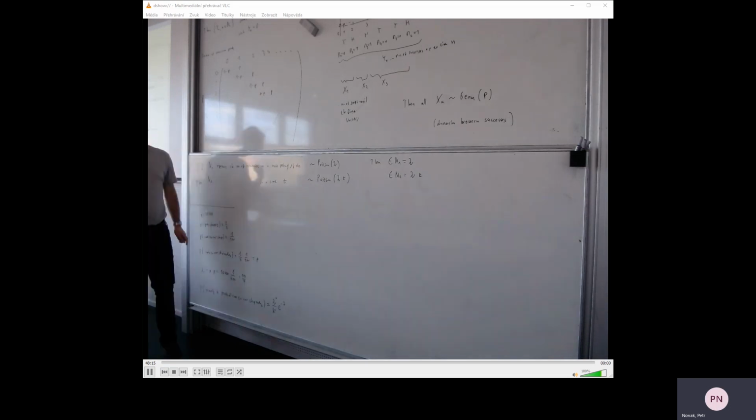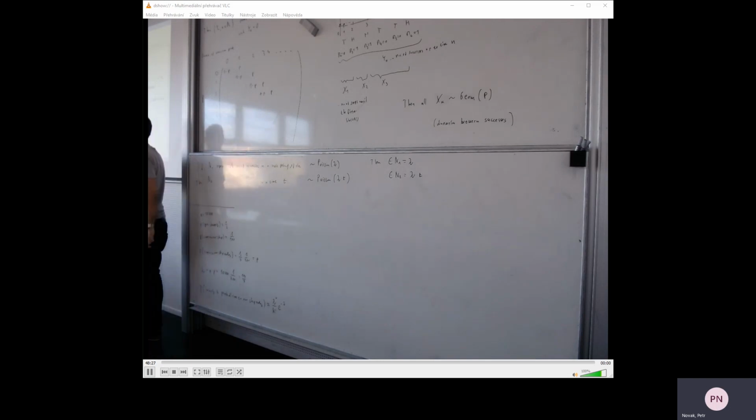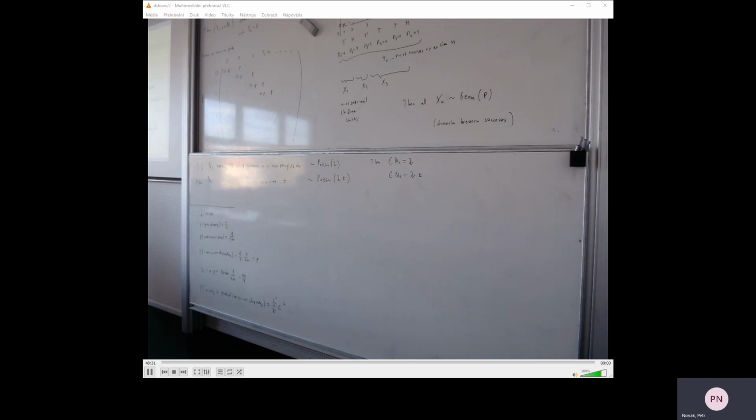This is what we will want to get to today: a process which works similarly to this, staying either on the same level or going one step up at any given time point, but in continuous time. Such processes are called counting processes.